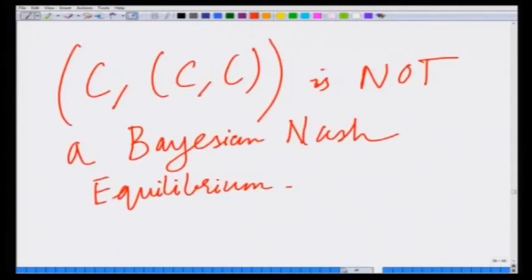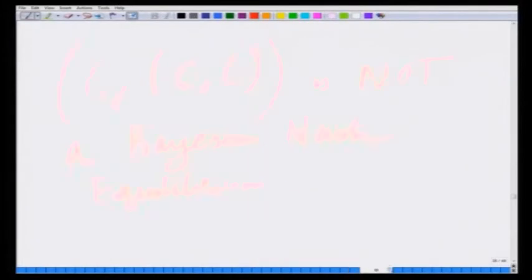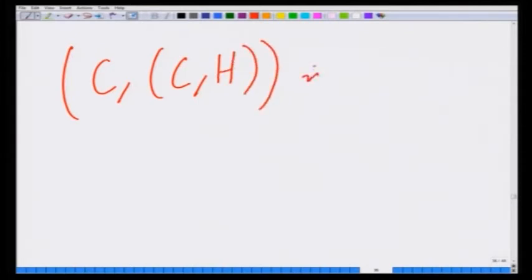Let us ask the question: is C comma C comma C comma H a Bayesian Nash equilibrium?